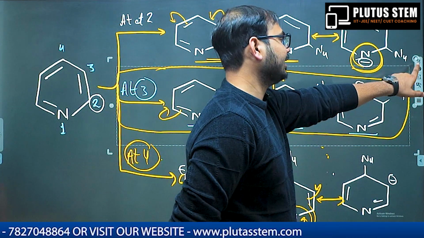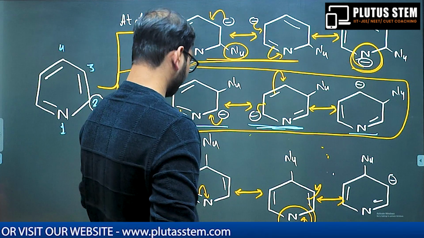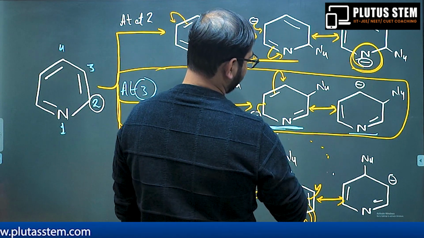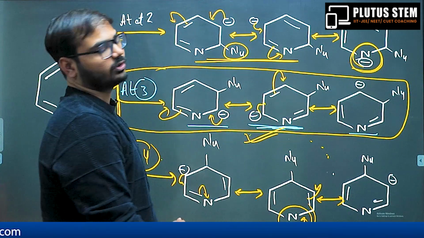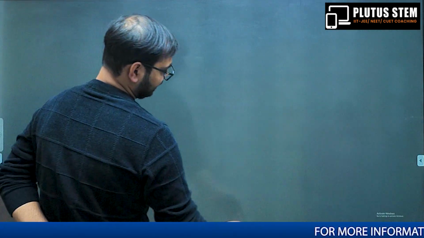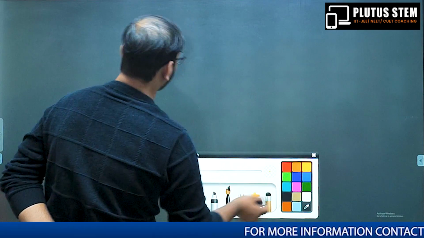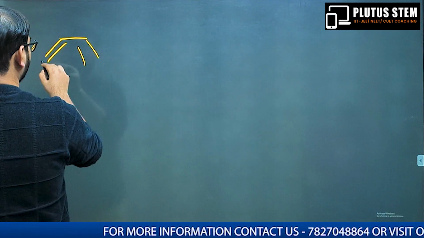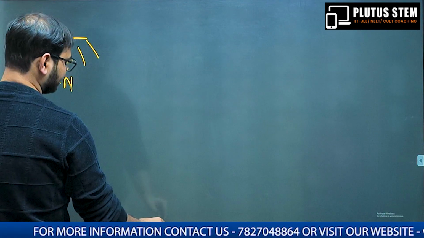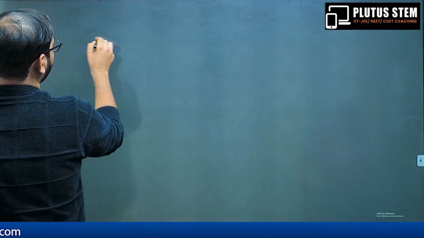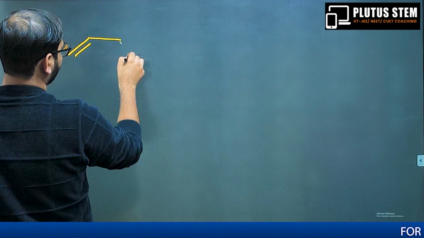But if you want to add an electrophile, since an electrophile requires electron density, attack on site number 3 would be the most preferred. Now, similarly, take for example pyrrole and all other compounds similar to pyrrole, like thiophene and furan; they will also give similar reactions.